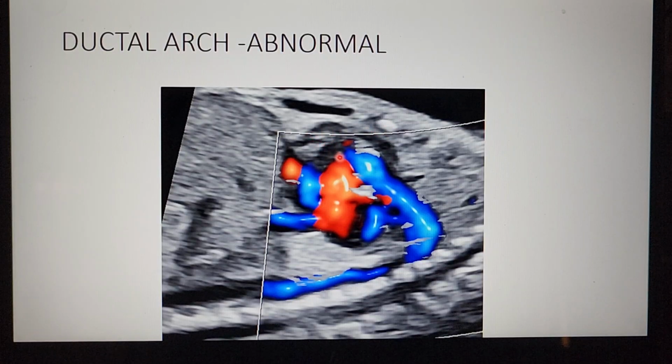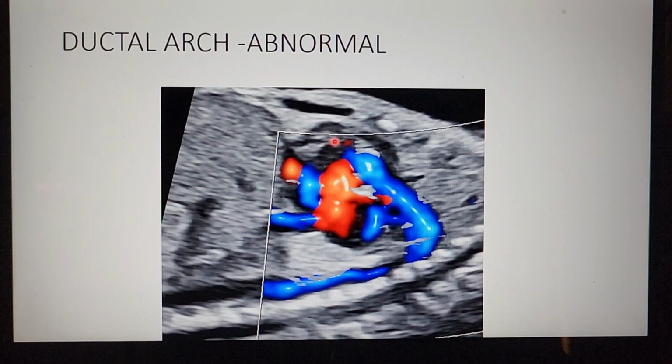It immediately goes a little posterior, it takes a bend here and then an anterior bend and then continues as the aorta. So that says that the right ventricle gives rise to aorta and the ductal arch is trying to resemble an aortic arch.